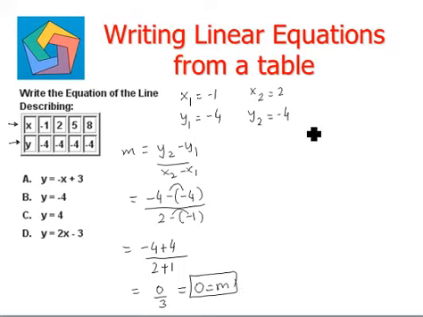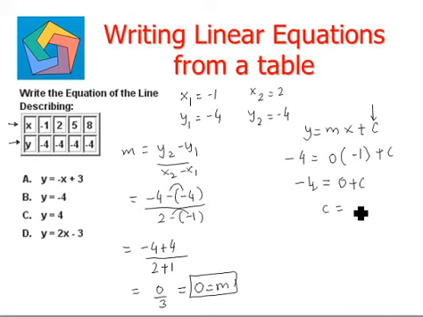So we'll use the slope intercept form to find the y-intercept first, that is c. We'll use the value of y1 as negative 4 equals m, which is 0, times x, which is negative 1, plus c. So negative 4 equals 0 times negative 1, which is 0, plus c. c equals negative 4.